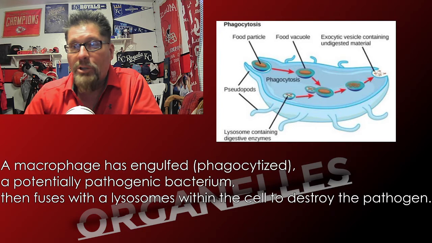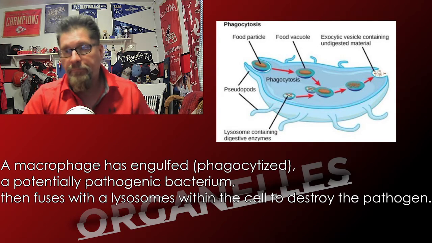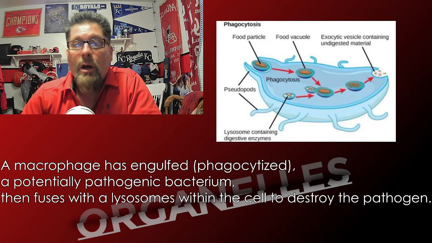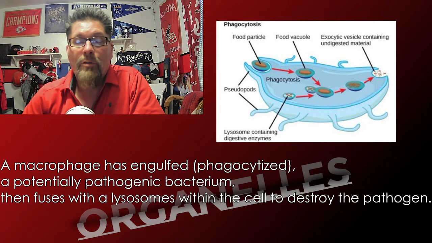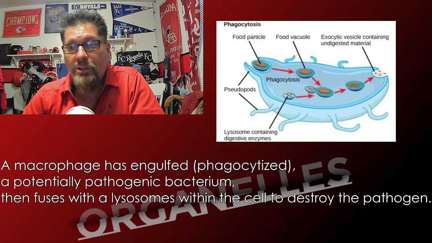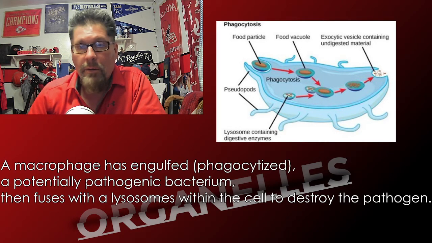You can see in the picture that the macrophage kind of has an opening, and that foreign material has entered the macrophage, and then the lysosome comes along and engulfs that foreign material, and then in essence breaks it apart, and then you can see it goes to the exit area and just releases it out. But that's the idea of how the lysosomes can assist or help the immune system in that manner.